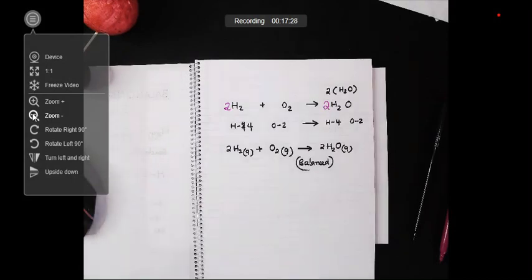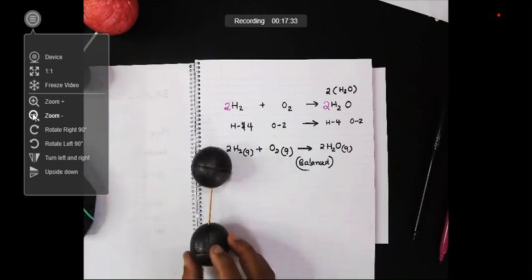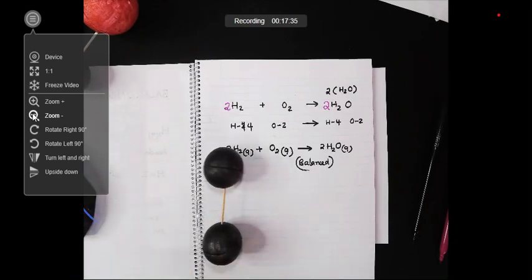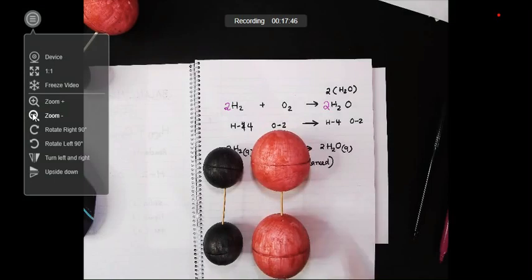These are your hydrogen. Your hydrogens are here. Oxygen is here.